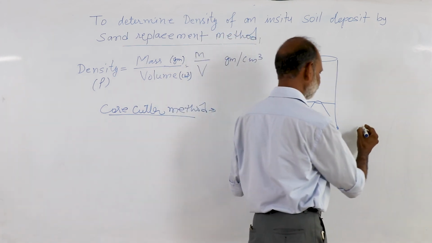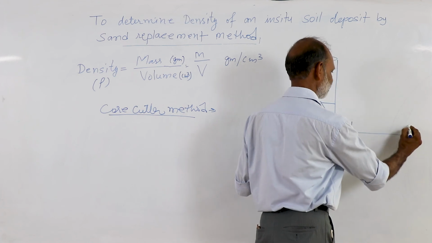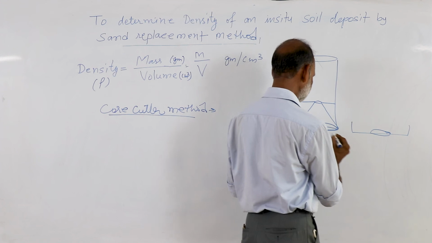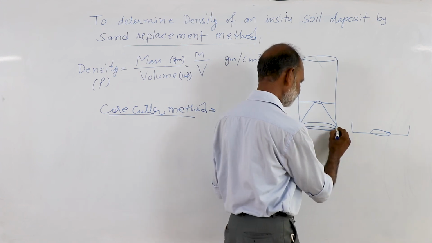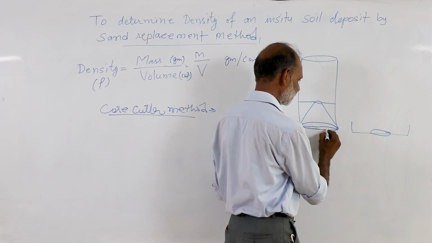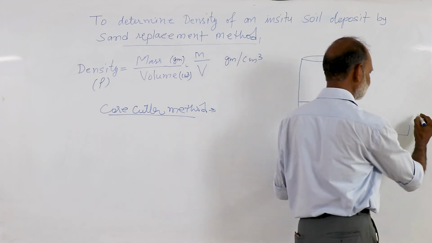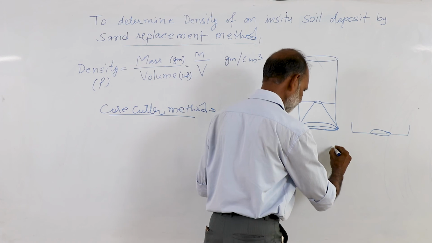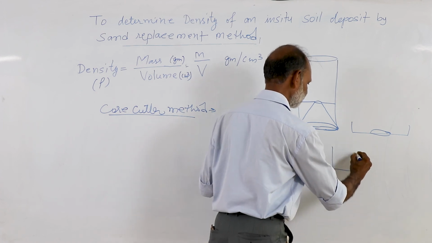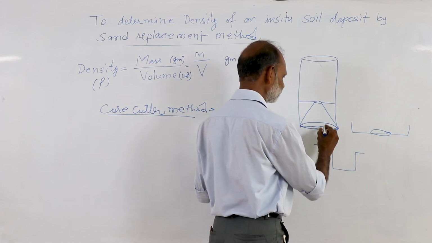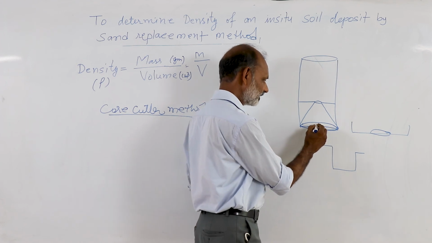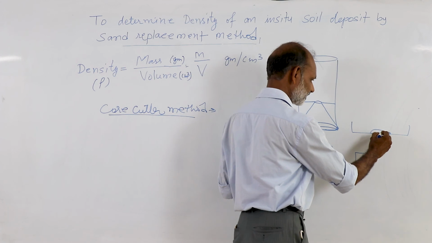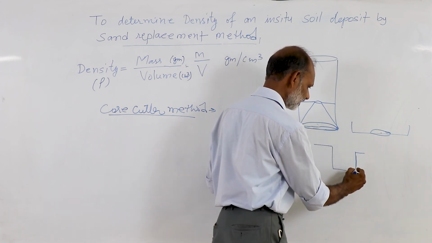With this cylinder, one tray remains, with a central hole equal to the diameter of this cylinder. And one calibrating container is also provided with this apparatus. So these three diameters are equal: the pouring cylinder, the tray, and the calibrating container.